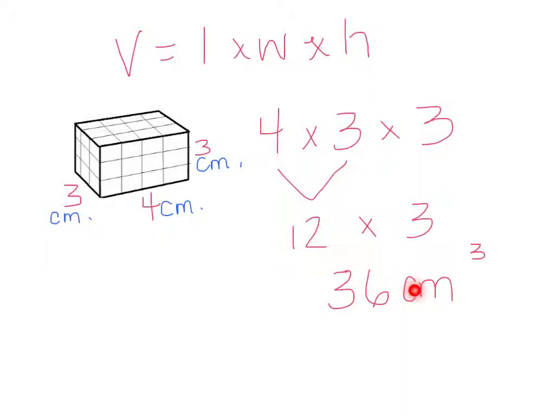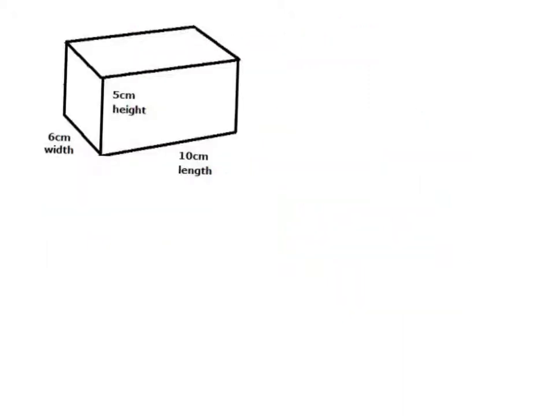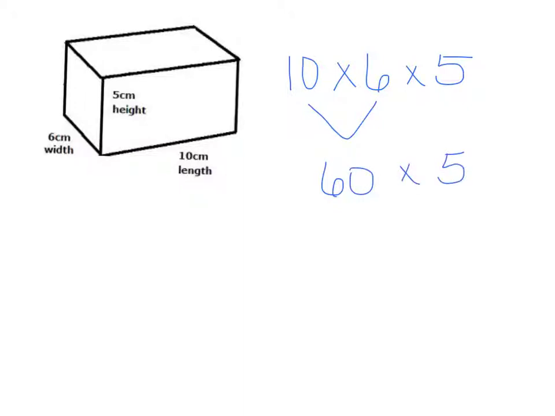We'll do one more example. Here we have another rectangular prism, and we have our length 10 centimeters, width 6 centimeters, and our height 5 centimeters. So when we go ahead and multiply length times width times height, we have 60 times 5. Now watch this.